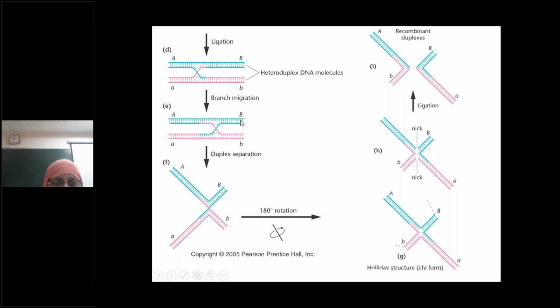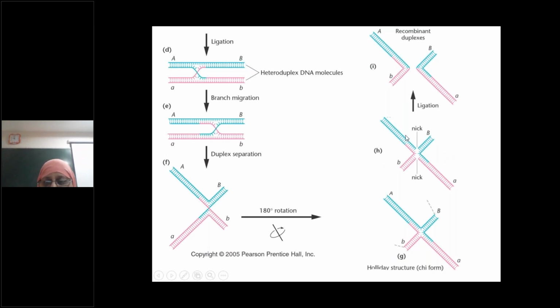Now, even though we are showing this duplex strand over here, when you want to present it as a Holiday model, it will undergo a 180-degree rotation. This Holiday model structure may undergo a nick.